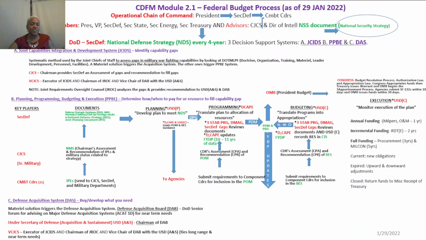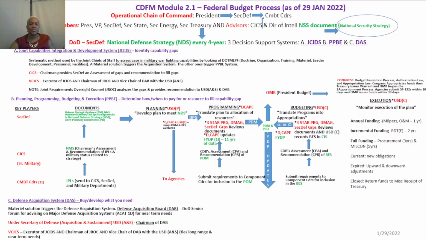I added the vice chairman here again because remember, the vice chairman is in charge of JCIDS, but he also sits on the Defense Acquisition Board here. So he's the co-chairman. He's the executor of JCIDS, chairman of the JROC Council, and vice chairman of the Defense Acquisition Board with the USD(A&S).